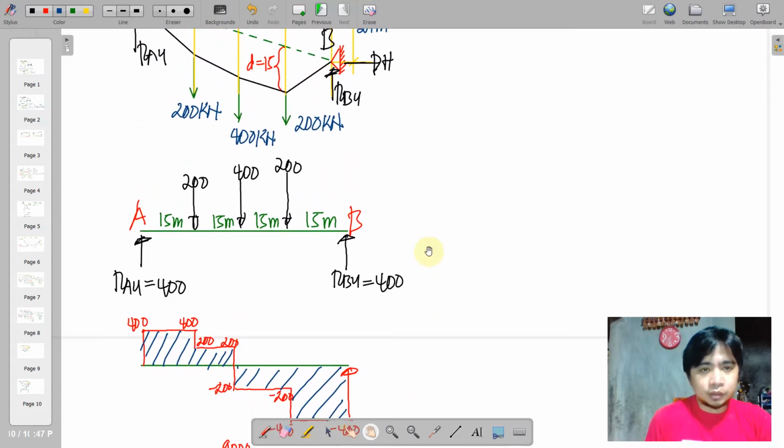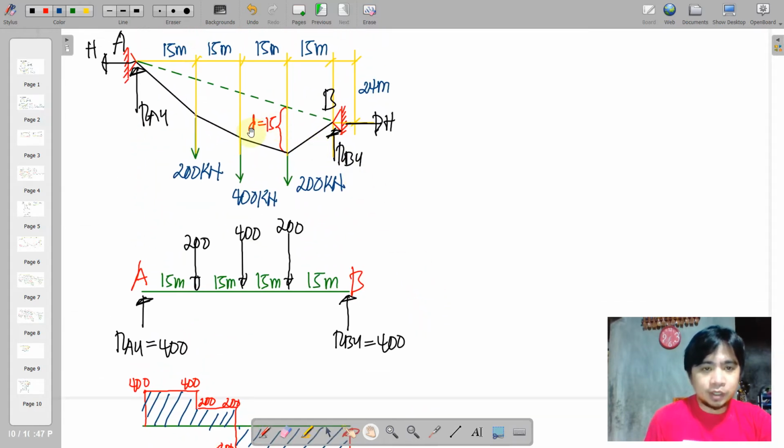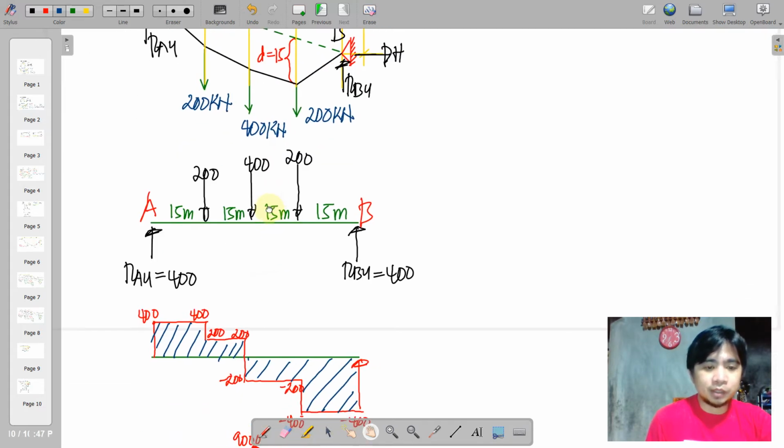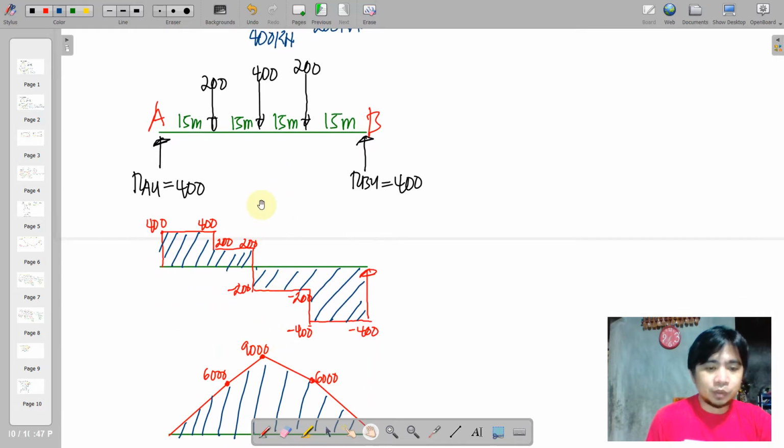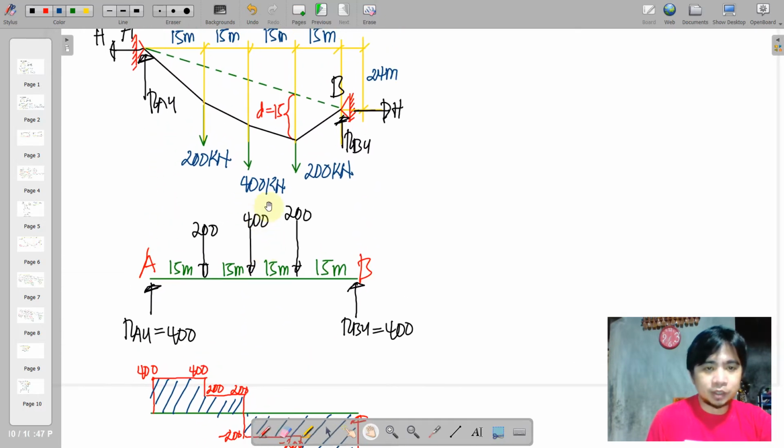Okay, so by the way, let me correct this depth here, or sag depth, that should be located at the maximum moment, which is 9,000. Actually it is on the 400 kilonewton loading. So let me just transfer that. Okay, so that is supposed to be the location of the 15 meters.